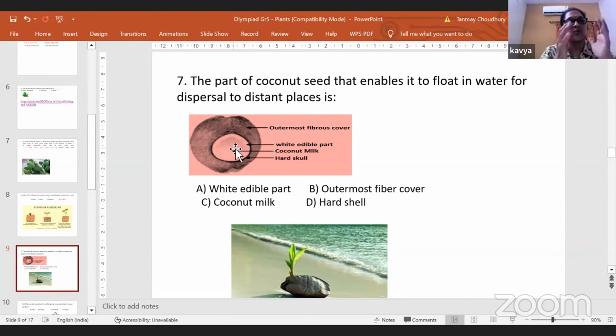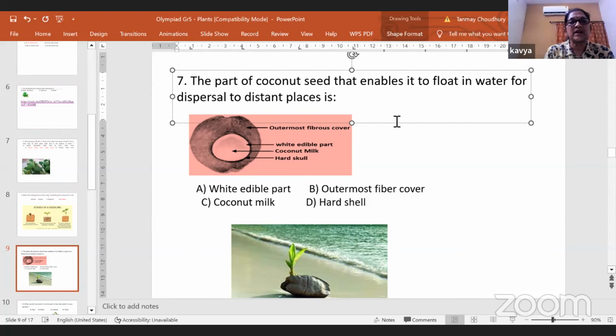The entire coconut which you see is actually the seed. This seed is covered by a fibrous coat. This fibrous coat protects it and also makes it light so that it can float on water. That enables it to float on water and it is carried to distant places by water.